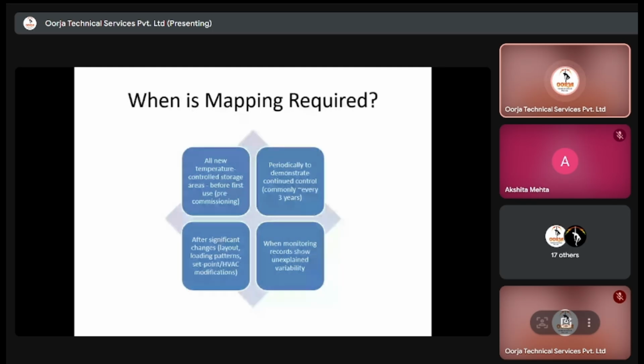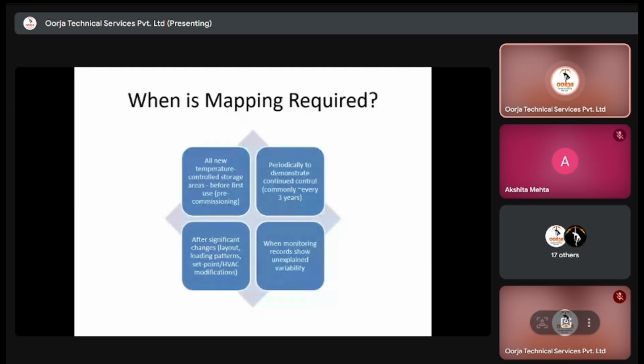So if there is any significant change in the structure, in the physical construction, if there is any change in equipment, or if any HVAC system is upgraded or changed, if any AC is additionally introduced, or if an entry or exit gate is increased.